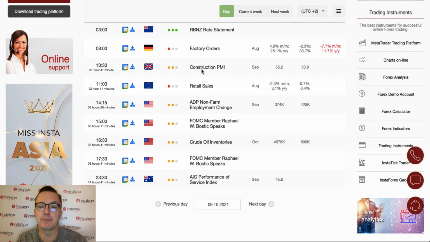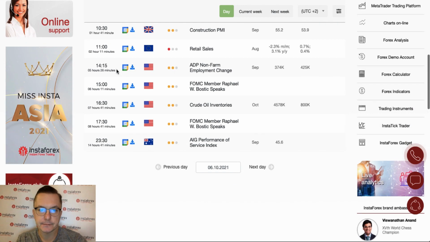London session is very poor with important data to be published. Nothing here except the construction PMI data from the UK, scheduled for release at 10:30. Retail sales data at 11 o'clock from the Eurozone.